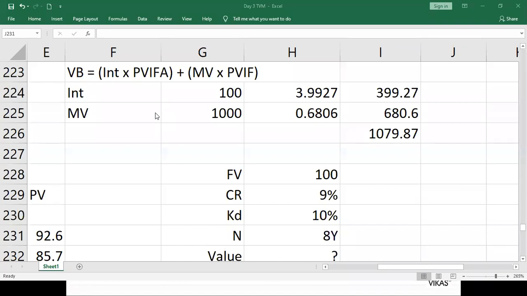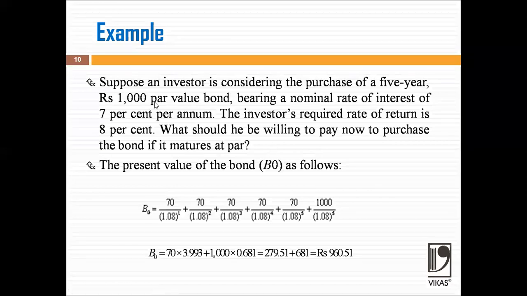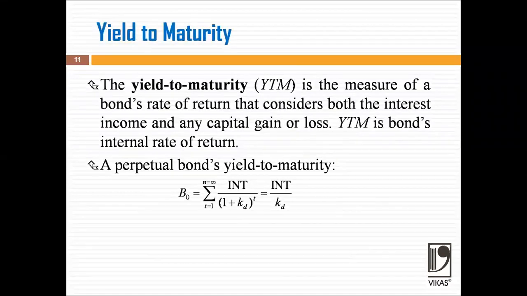You do this calculation at your own risk. Then we will move to the next slide. Yield to maturity is calculating the cost of debt. It is not relevant now.